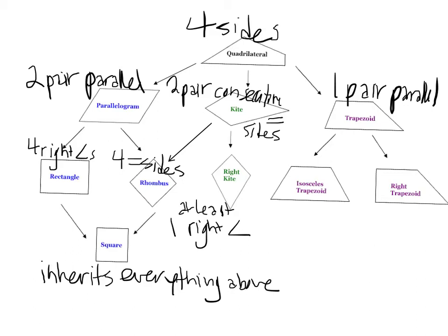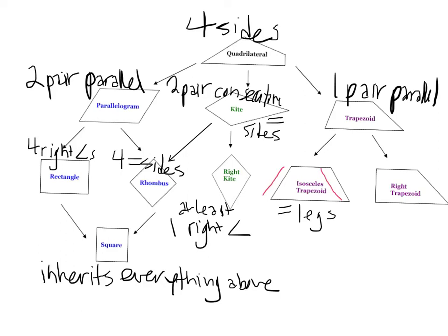And a trapezoid, so we know it has one pair of parallel sides, and then an isosceles trapezoid has equal legs, and legs we know are the non-parallel sides, so that's to say that this is congruent with this.